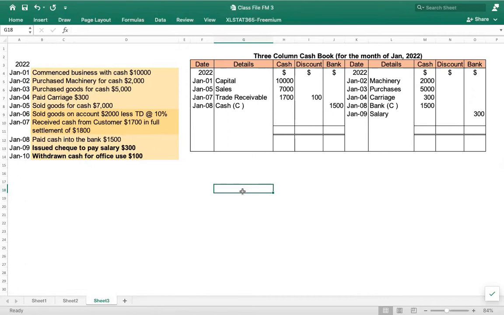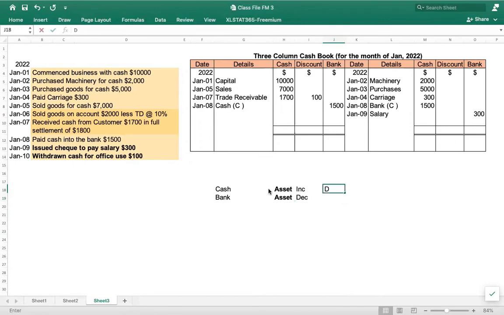So again, which two items will be affected? Cash and bank. Both are asset. Now this time tell me, is cash increasing or decreasing? Cash is increasing, because we are getting money from the bank into our business. So cash is increasing and bank balance is decreasing because we are withdrawing money.